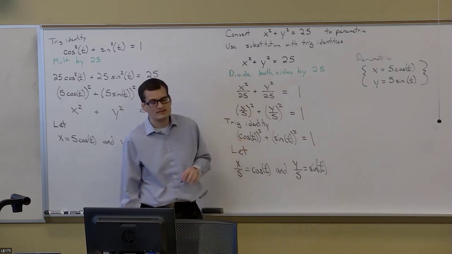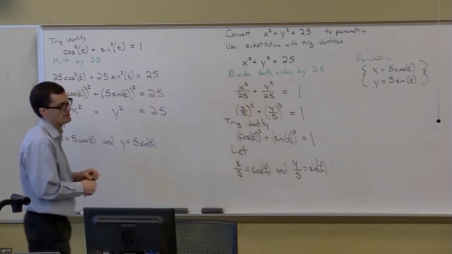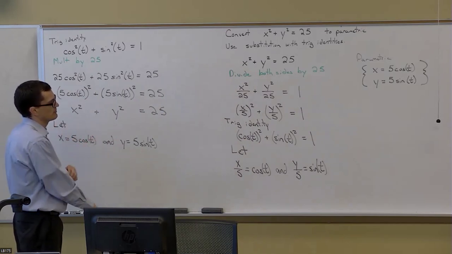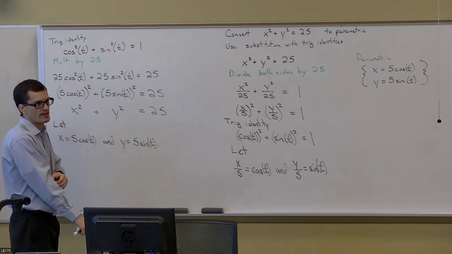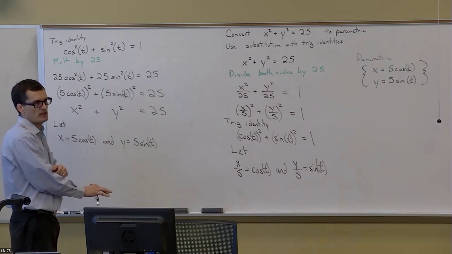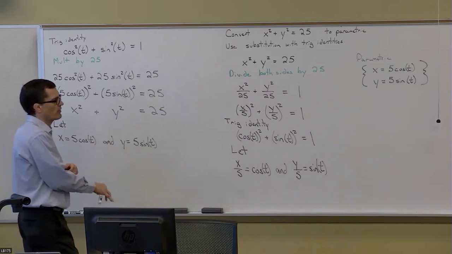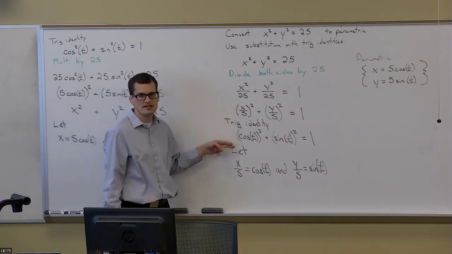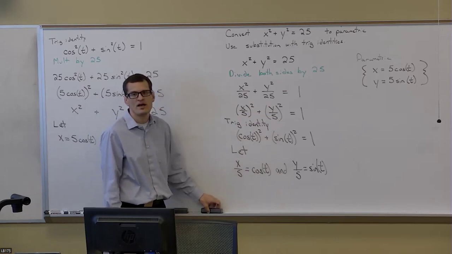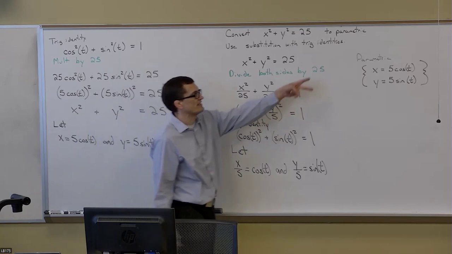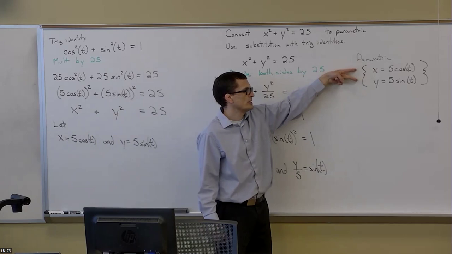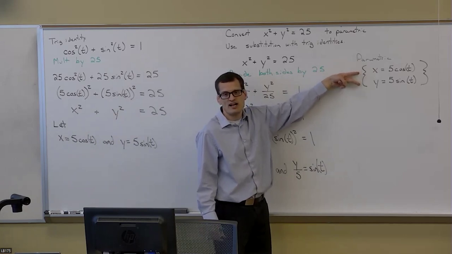So this is parametric equations converted into rectangular using substitution with the trig identities. Sometimes I'll refer to that as indirect substitution, because we're not solving for a variable, we're forcing it to look like something, and then we do the two substitutions at the same time. By the way, that's an interesting thing, isn't it? This is a parameterization of a circle of radius 5.